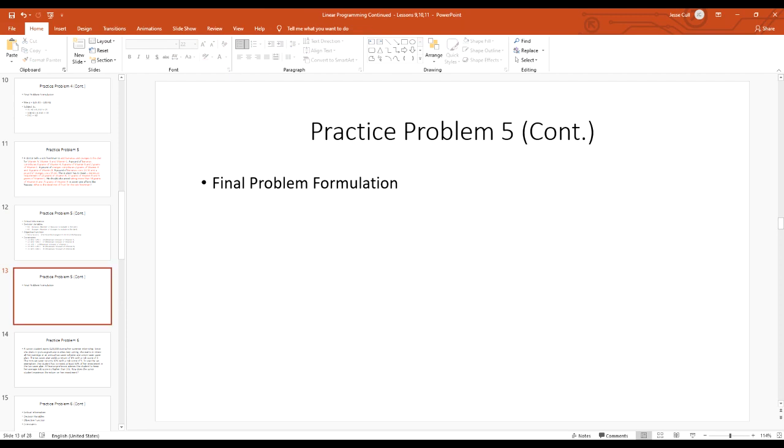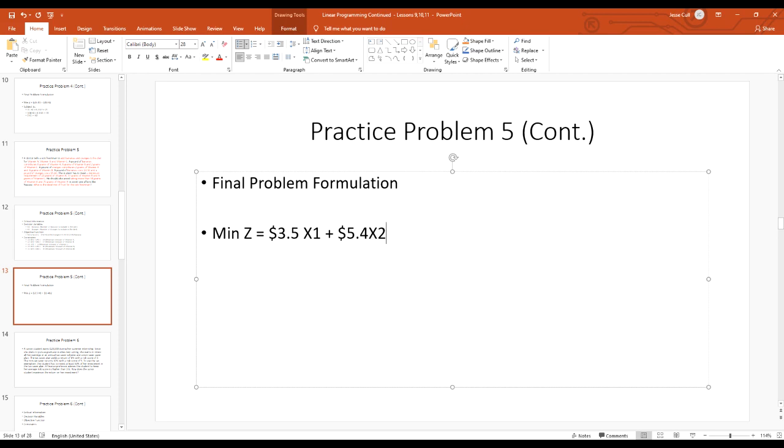So we come down here, and we're trying to min z equals 3.5x1 plus 5.4x2. Subject to our 5 constraints.